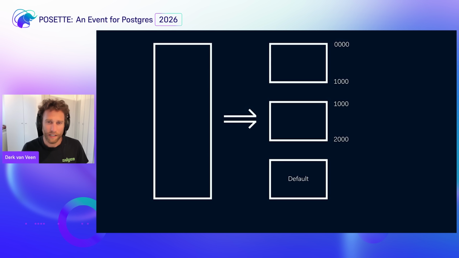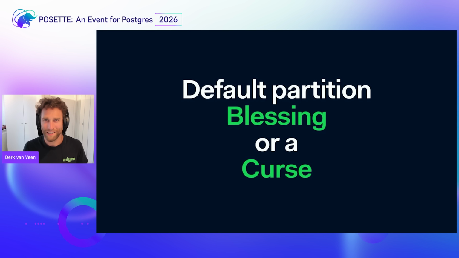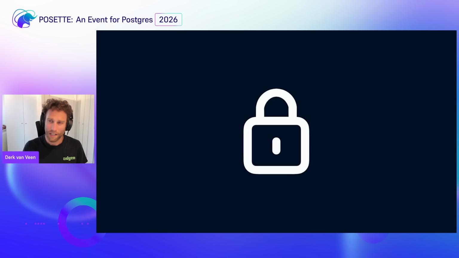And in Postgres 18, if you look at the partitioning constraint for a default partition, it will say default, and that's it. But if you have older Postgres versions, I don't know when the switch happened, the default constraint used to be listed as not all of the other ranges. And that's really problematic. So the default partition can be a lifesaver, it can be a blessing, but it's also definitely a curse. Because locking with the default partition is really hard.